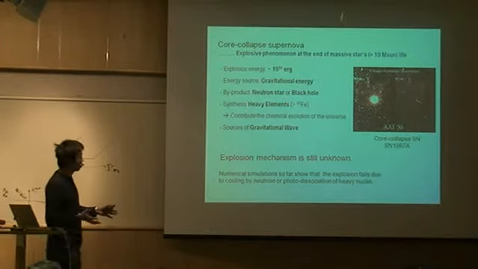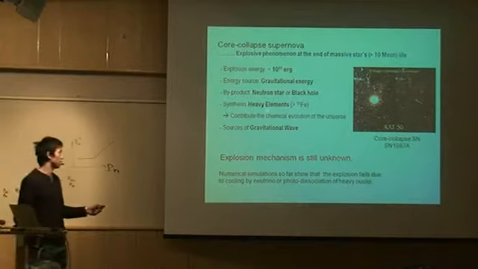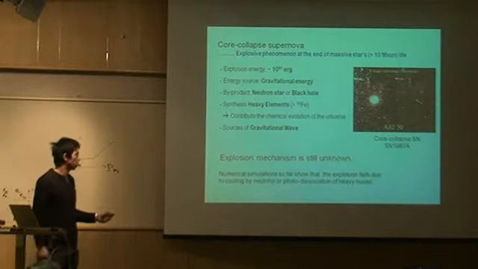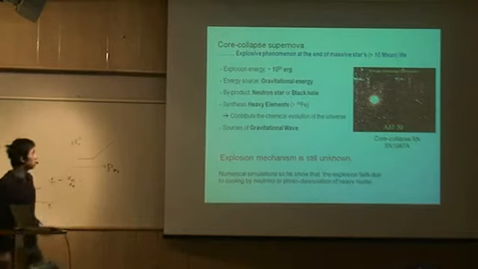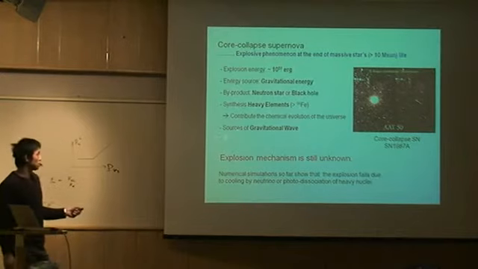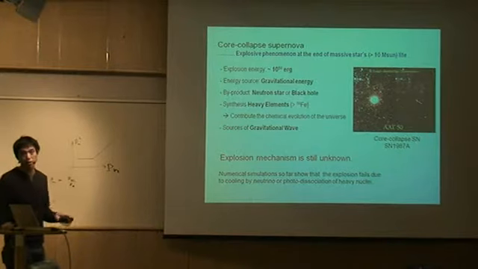During the explosion, elements heavier than iron are synthesized, which contributes to chemical evolution of the universe. They are also considered to be sources of gravitational waves. So supernovae are important astrophysically and astronomically.